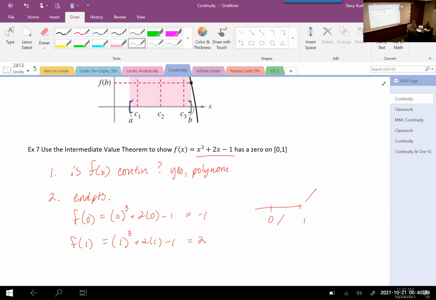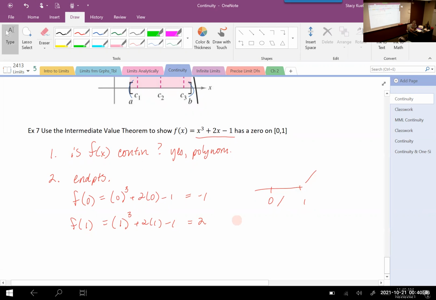So there must be a 0, I don't know where it is right now, between 0 and 1. Because if we are talking about a closed interval and I'm only looking at the left-hand side being 0 and the right-hand side being 1, the function is below the graph at 0, but above the graph at 1, so somewhere in between, it has to cross.